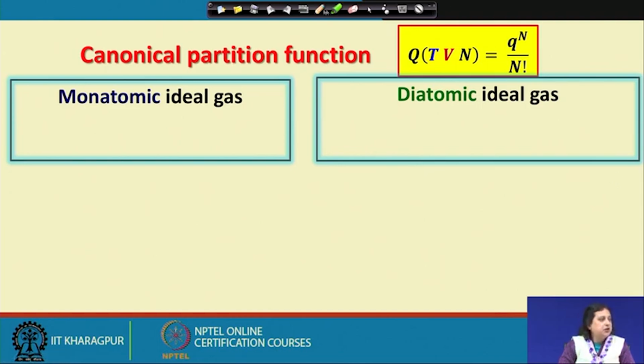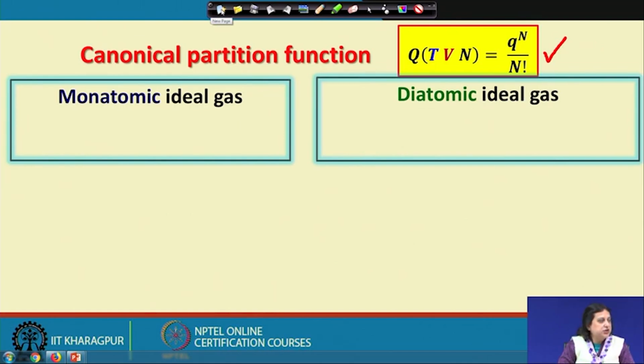And the canonical partition function is defined like this: for the total N number of particles which are present in the system, which are identical to each other and which are not interacting with each other.